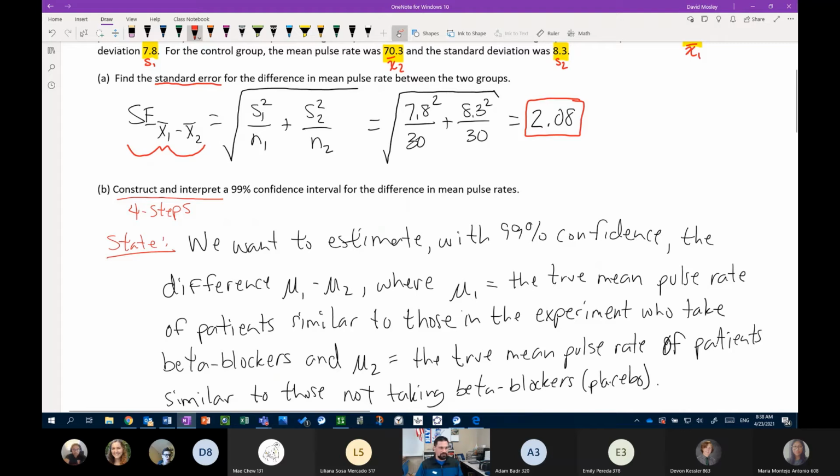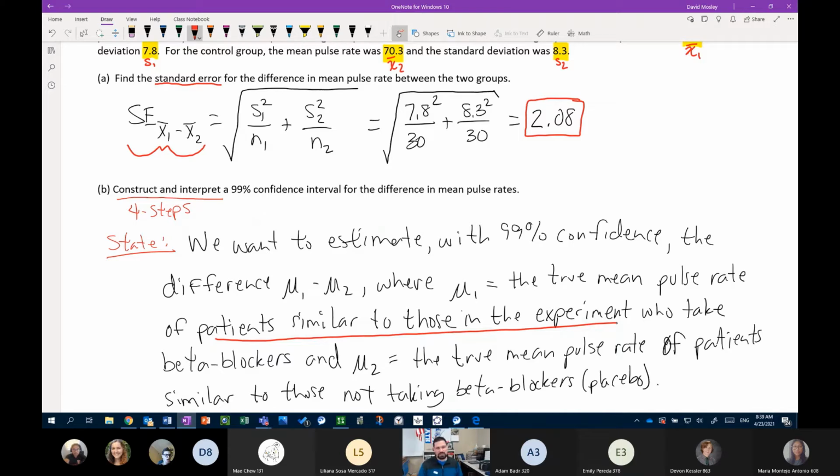That is our statement. We are including phrasing in here that says that because mu is a population mean, the only population we can do inference on is the population of patients similar to those in the experiment. So that is part of how we're defining our variable.